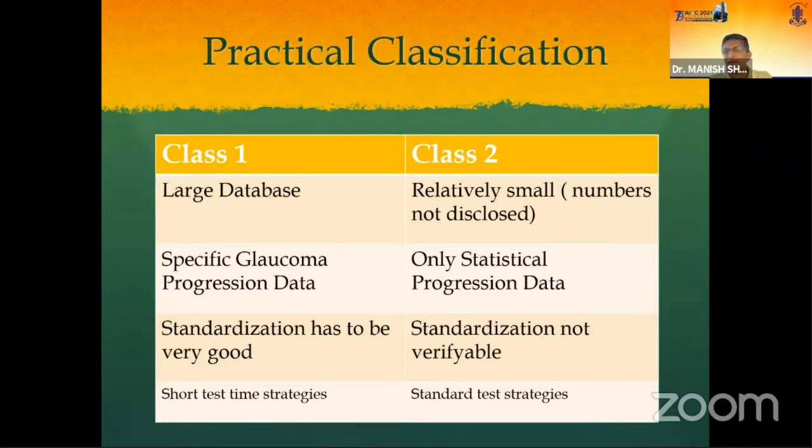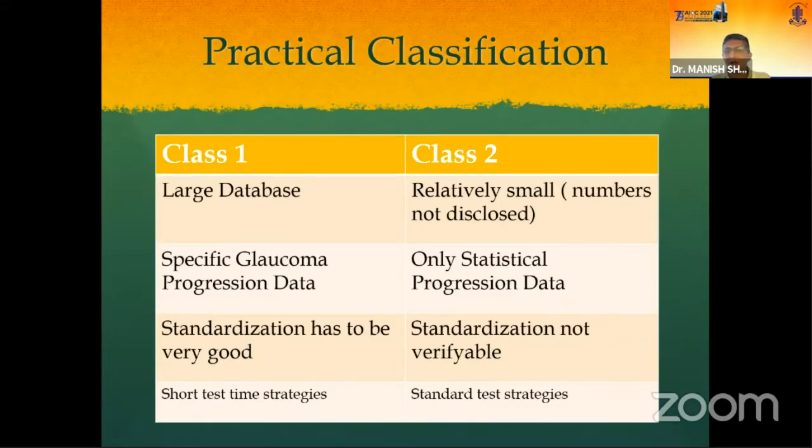When they are not able to answer your question reliably, that is a sign that their database is very small. When you ask them, is there progression? All the machine vendors are going to tell you, yes, we have progression. But how is the progression done? It is done only in a statistical manner, with a small database, where they have tested the patients 2-3 times, calculated a standard deviation, and that's how they have done it.